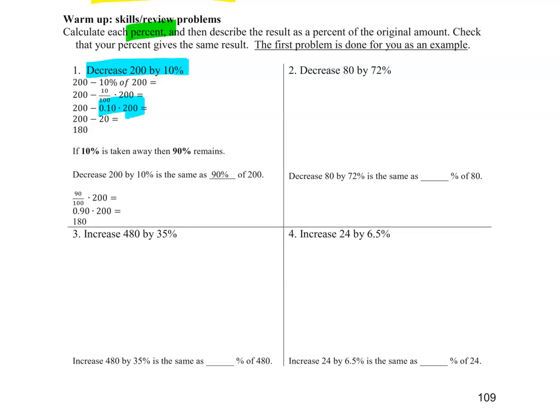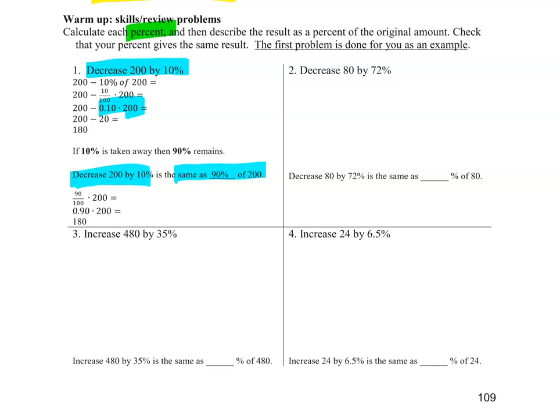So think about this. If 10% is taken away, then 90% remains. So if you subtract 10% from 100, then that is 90%. So we can say also that decrease 200 by 10% is the same as 90% of 200.